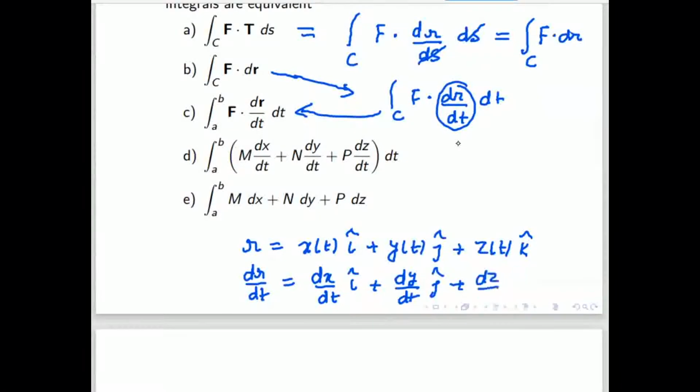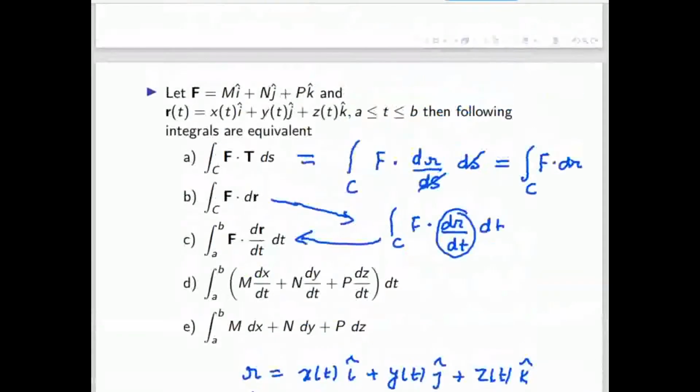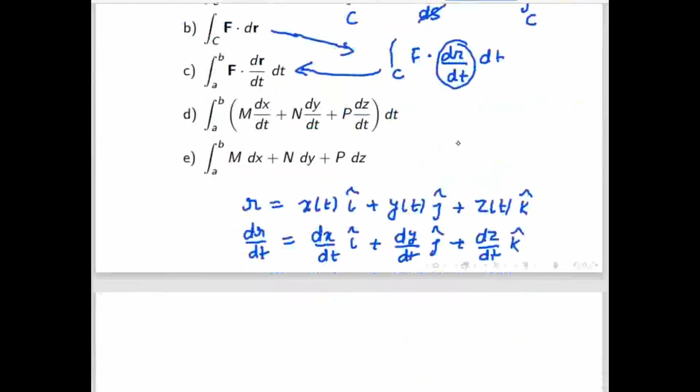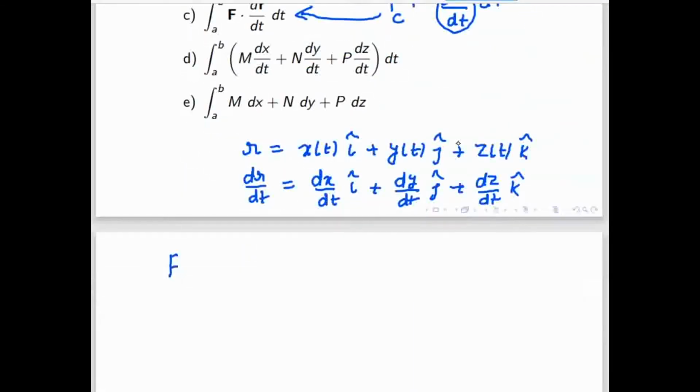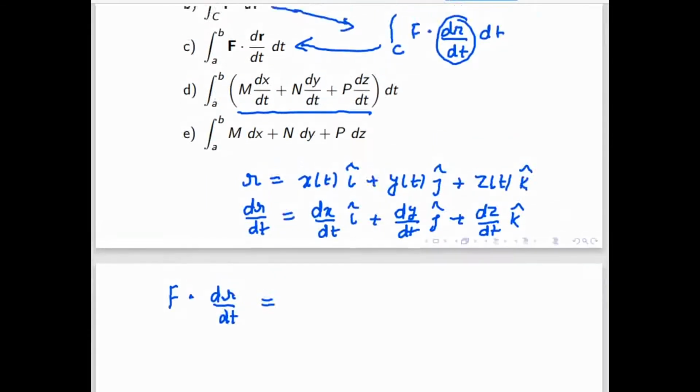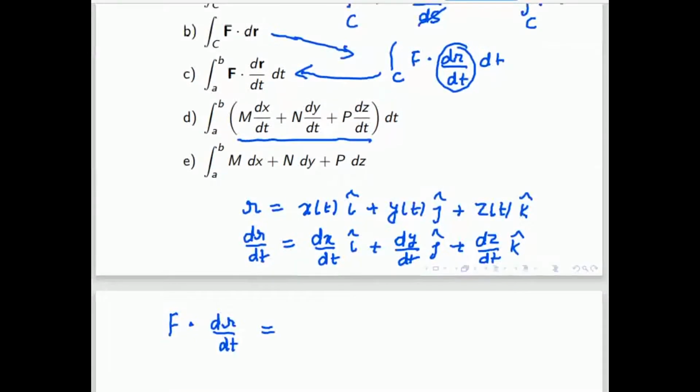Dr by dt, and f is given this one. So what is the dot product of this f? This is r. So I calculated dr by dt, then the dot product f dot dr, dot product with this dr by dt, will come this one: m dx by dt, m into dx by dt plus n into dy by dt plus p into dz by dt, and this dt is already there.